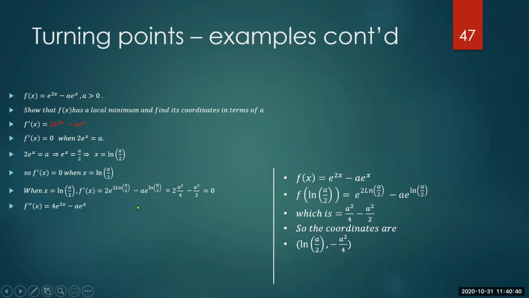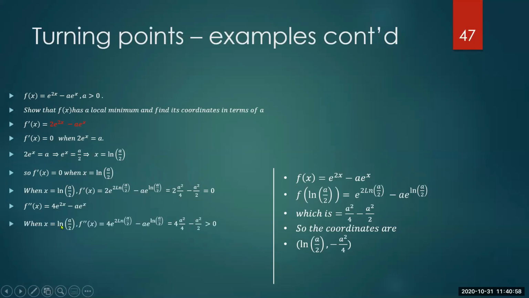And so for f double dash of x, we have f dash of x is equal to 2e to the power of 2x minus ae to the power of x. F double dash of x is 4e to the power of 2x minus ae to the power of x again.